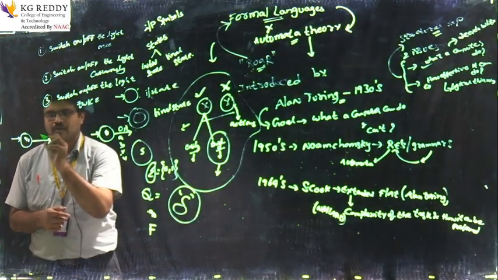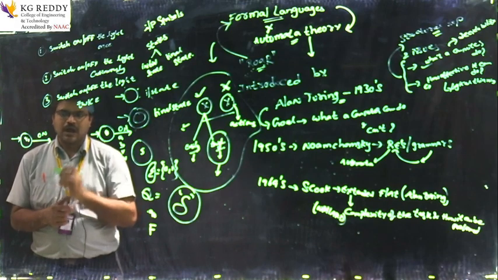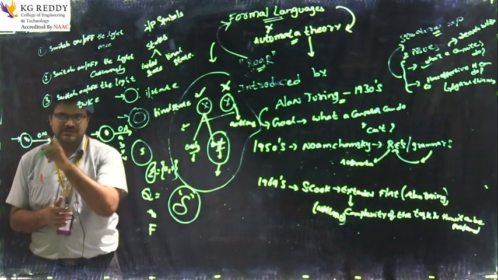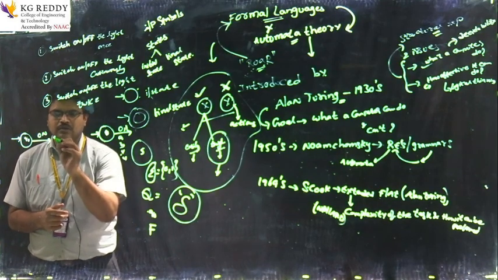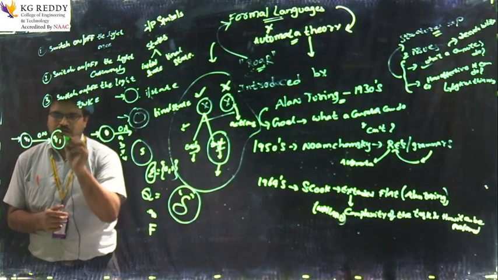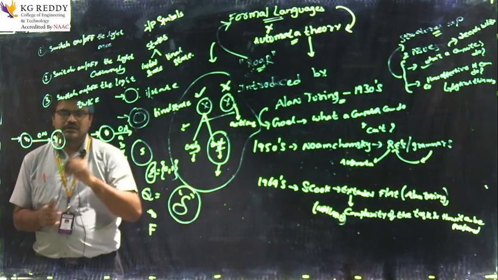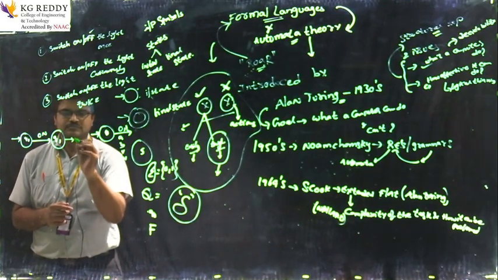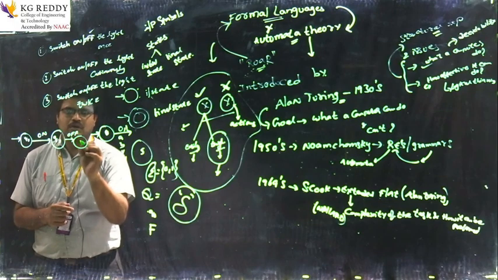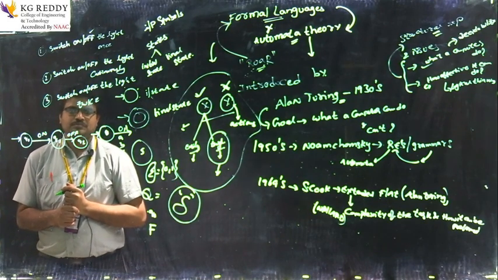First, I switch on. This is the input symbol, or the action I have performed here. Automatically you will be in the next state, where you are in the on state. Next, again I give off. Now you are in the next state, Q2.